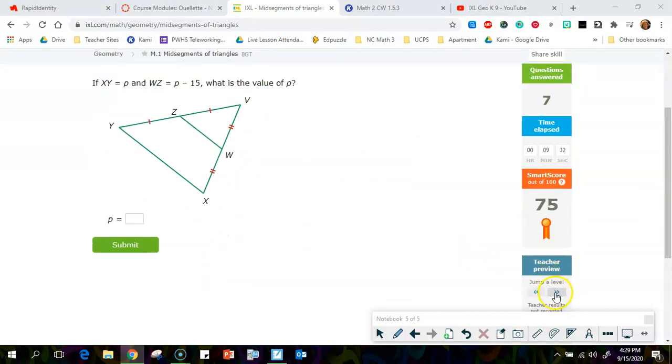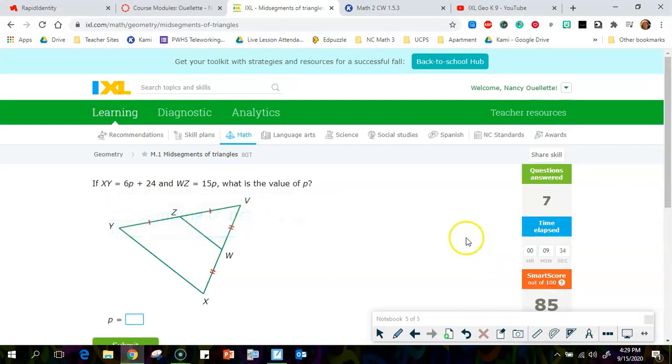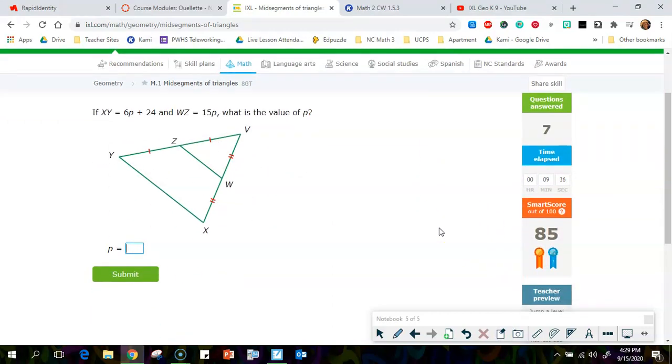Let's jump another level. Okay, we're above 80. Let's see. This is the last one I'm going to do. XY is 6P plus 24. XY, that's this one right here. WZ is 15P. So we know this one is 2 times this one.